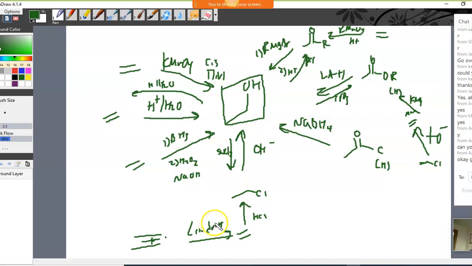Right? So you've already made a chart here. So if I want to make a carboxylic acid from a triple bond, Lindlar's, to the chloride, to the alcohol, and the CrO3 and the acid. See how it all ties together? So basically this is the chart I just made.